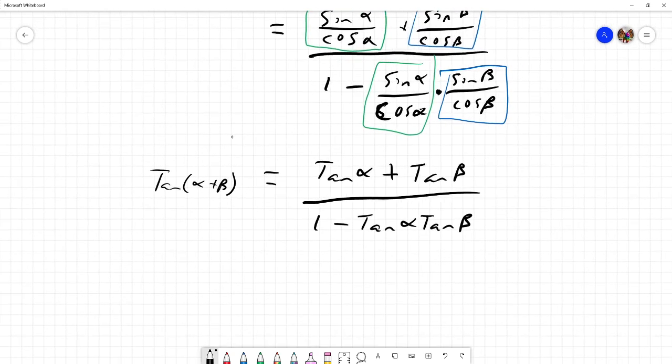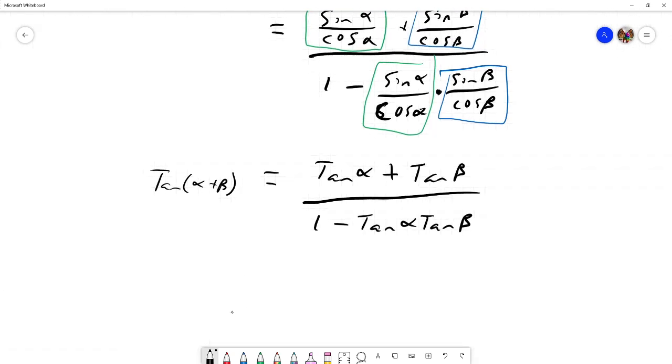Now we can do something similar as we did in the previous two videos if we want to figure out what tangent of alpha minus beta is.